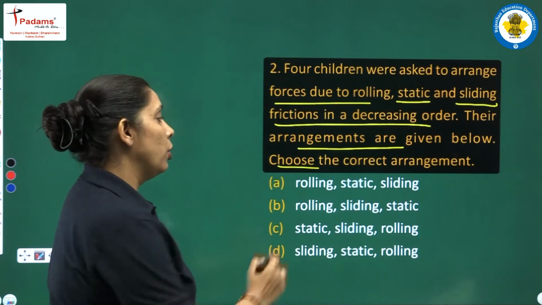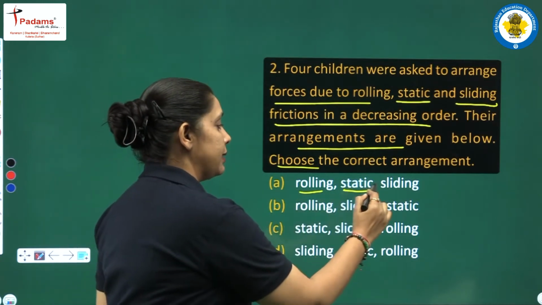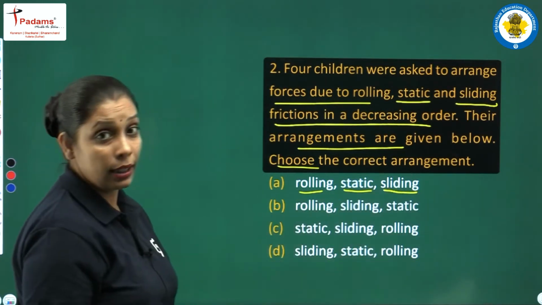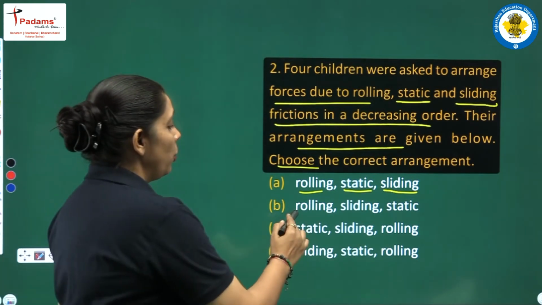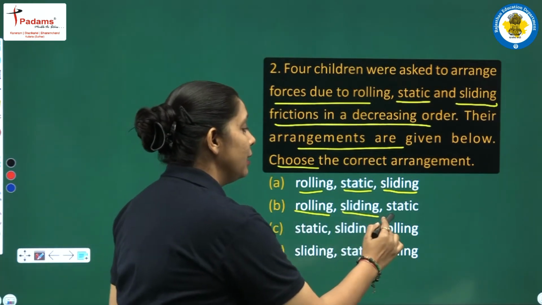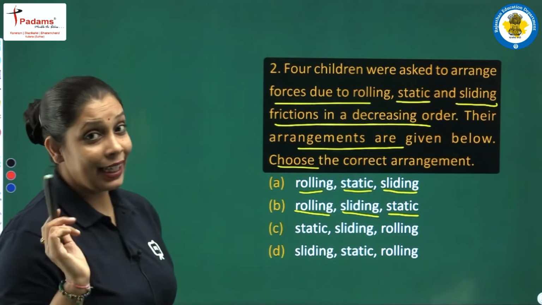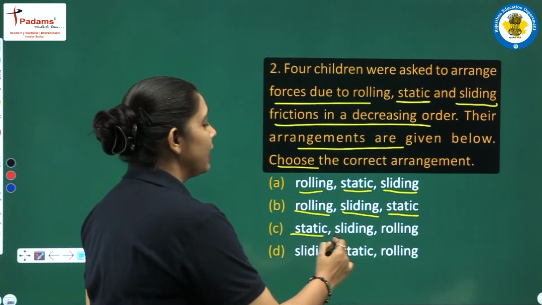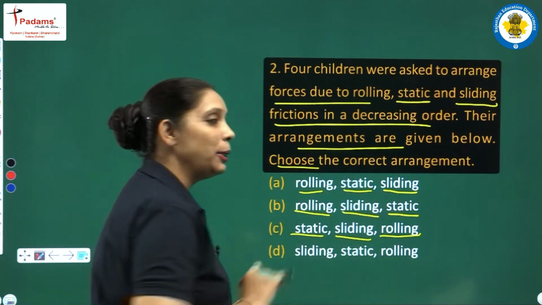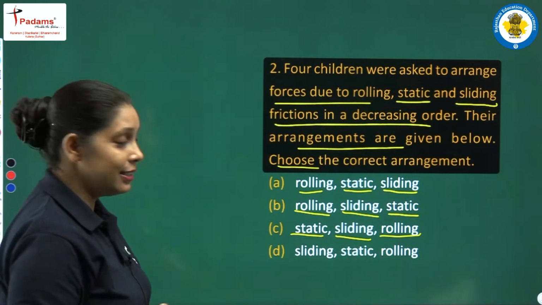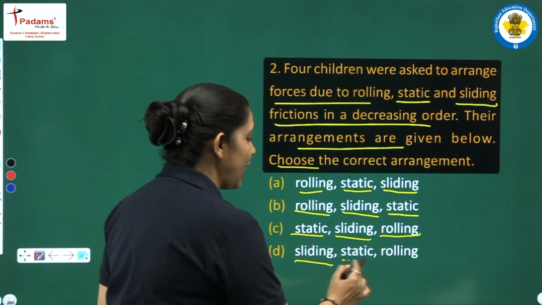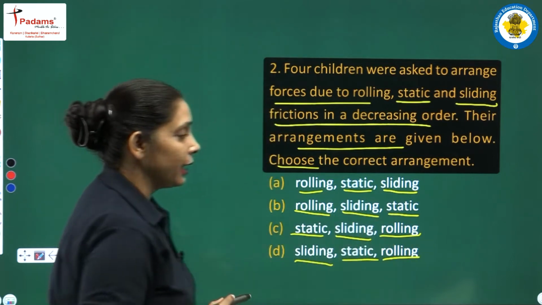First one is rolling, static, sliding. In B option, rolling, sliding, static. In third, static, sliding, rolling. And the last one is sliding, static and rolling.